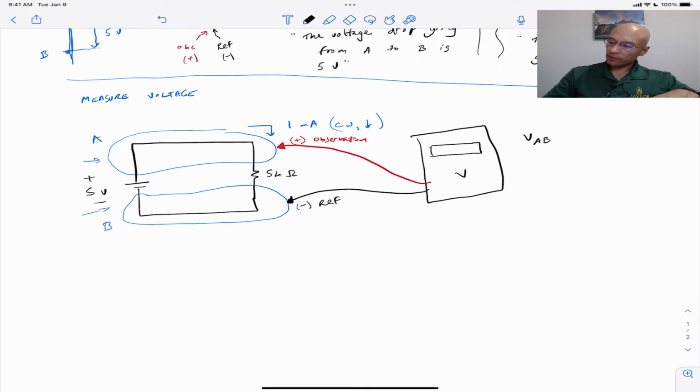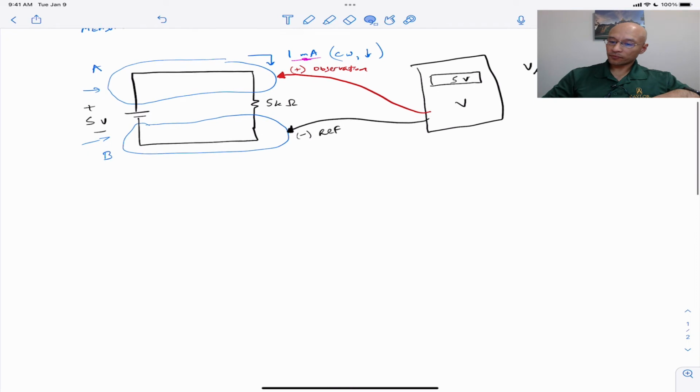So the multimeter would read 5 volts. And notice we haven't done anything to the circuit, so all the parameters are still the same. That is, we still have 1 milliamp flowing in the clockwise direction, and the voltage A to B is just as before. A is 5 volts higher. Now let's think about what would happen if we swap the position of the red and the black probes.